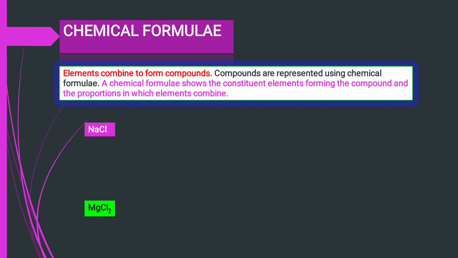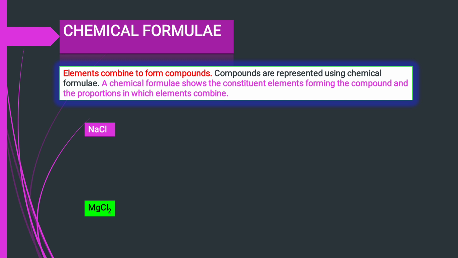A chemical formula, we can say that it is a representation that shows how elements combine to form compounds. These compounds are usually represented by chemical formula. And the chemical formula now shows the constituent elements forming the compound and the proportion in which these elements combine.